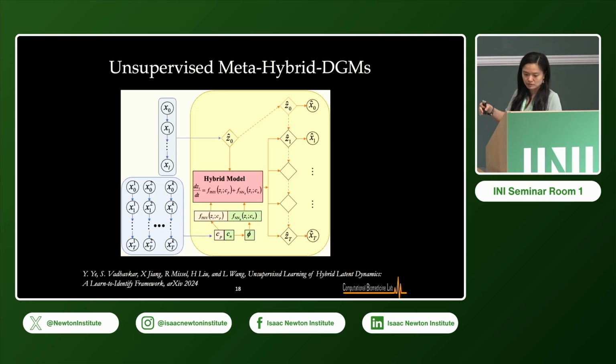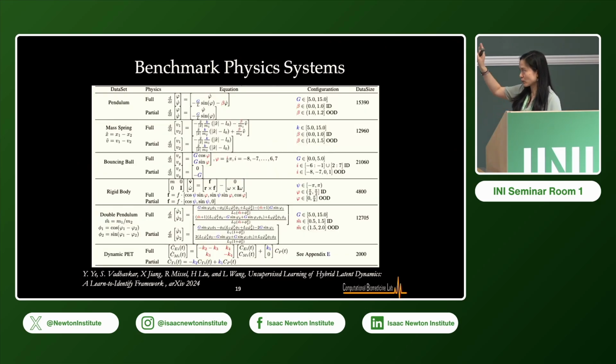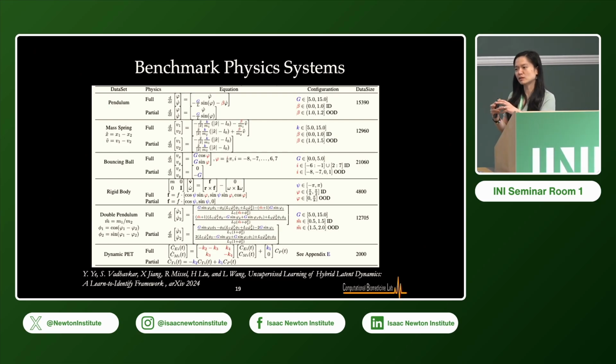We have done a lot of experiments on the same type of system I just described to show that it works. But we submitted this to one of the machine learning conferences, and we were asked to prove it theoretically. So we're currently working on the theoretical proof of both the parameters being identifiable and the latent variables, like the angular position, being identifiable over time.